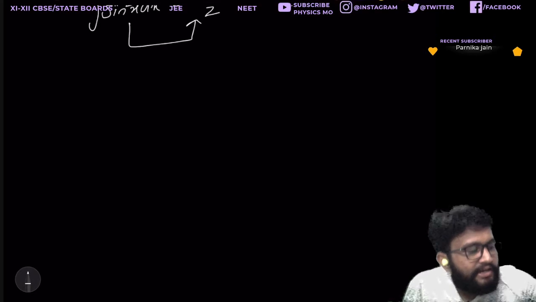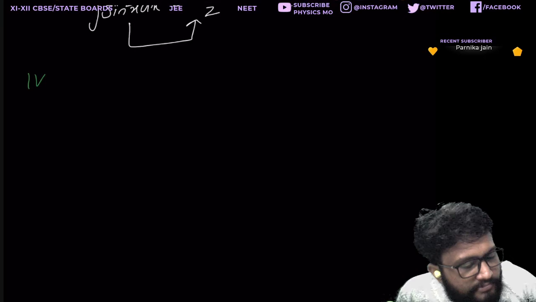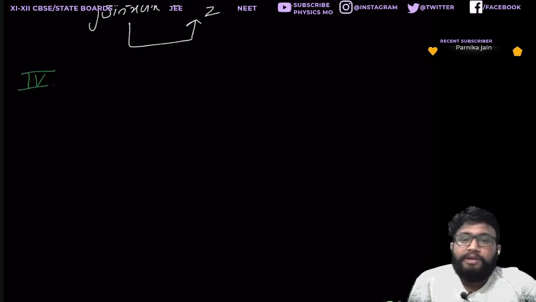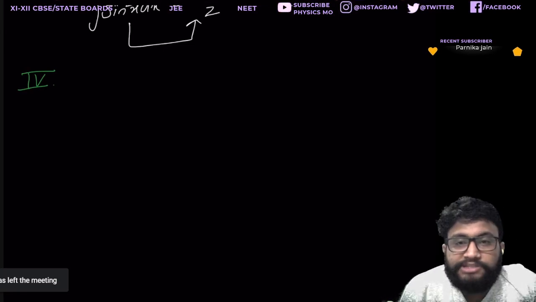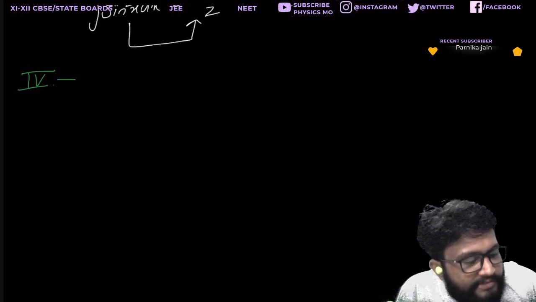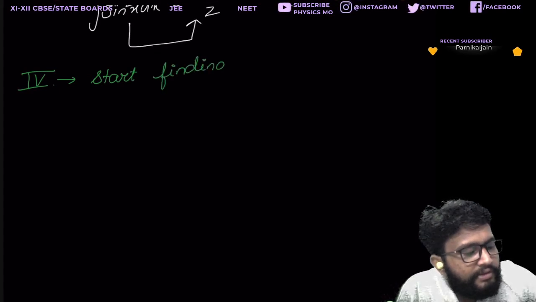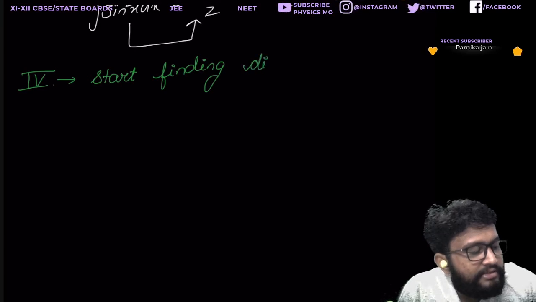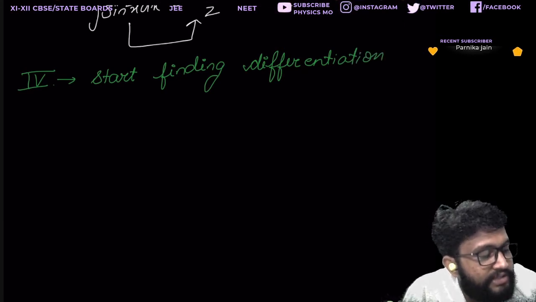So let's start with the last one, and this last step says: if you have done everything that is possible, whatever you could do, you have already done. So the last step says, start finding differentiation. Please don't get confused between differentiation and integration, so I am writing it: differentiation.